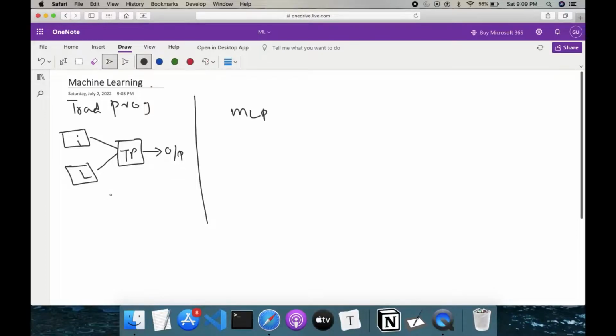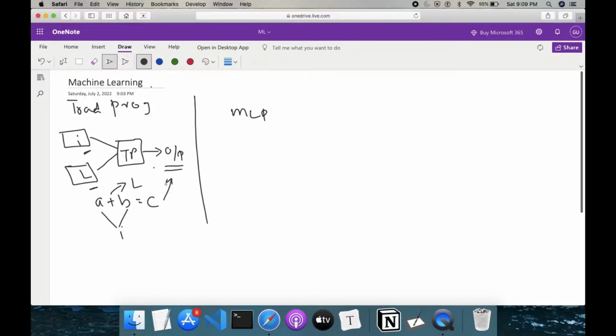So here the input keeps on changing, and the logic will remain the same, and we'll keep getting different outputs based on the input. Consider a plus b is equal to c, where a and b are our input, plus is our logic, and the output is c.